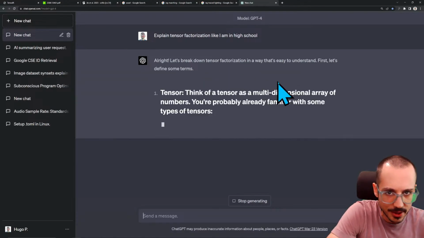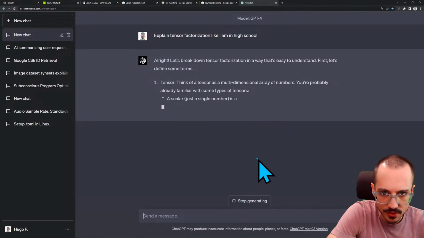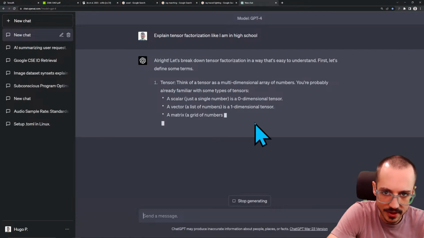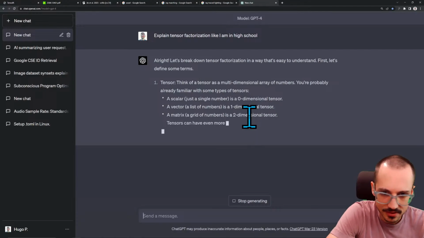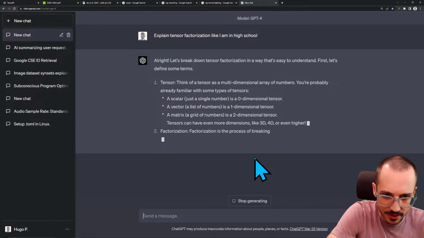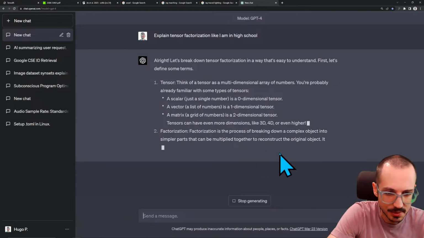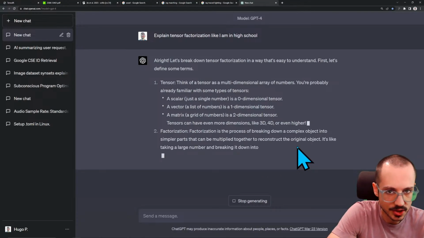Tensor is a multi-dimensional array of numbers. Okay, cool. Scalar, vector. Okay. Wow, it's really slow this morning. What's going on? Matrix, blah, blah, okay. Come on. Factorization is the process of breaking down a complex object into simpler parts that can be multiplied together to reconstruct the original object.